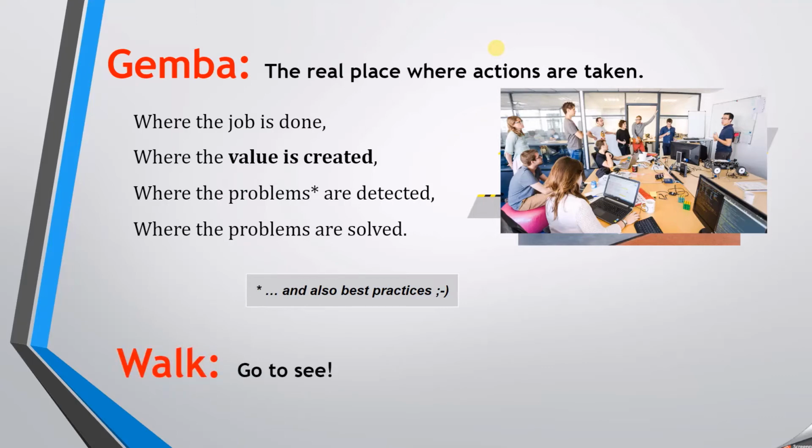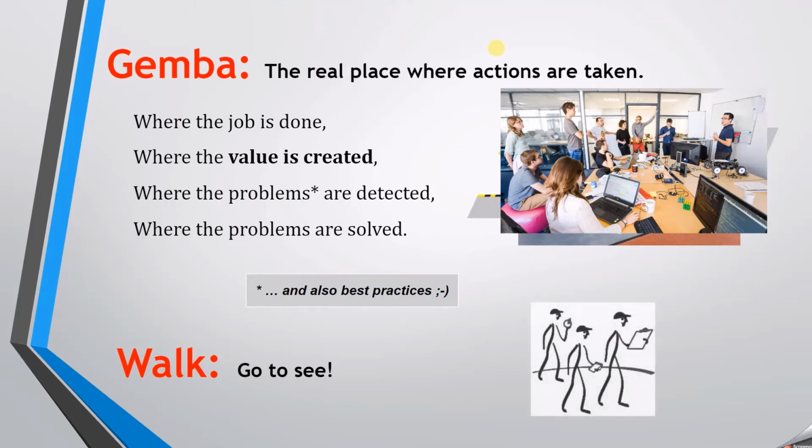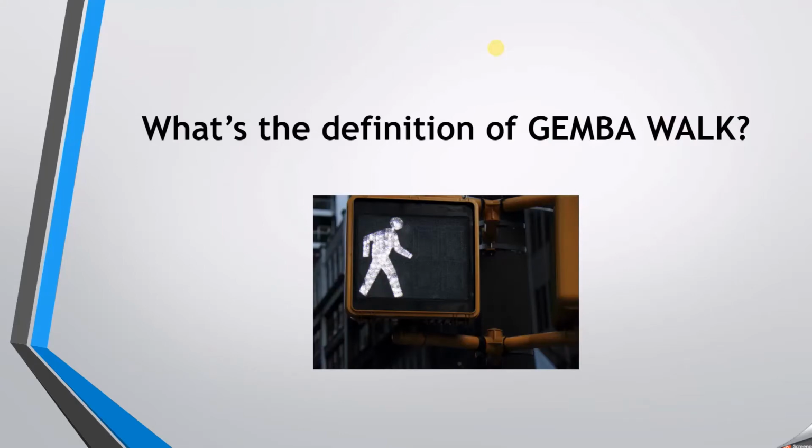And after the word, let's go on the field, go to see. Gemba Walk is a part, an ingredient of the management system setting up to drive the continuous improvement toward operational excellence.